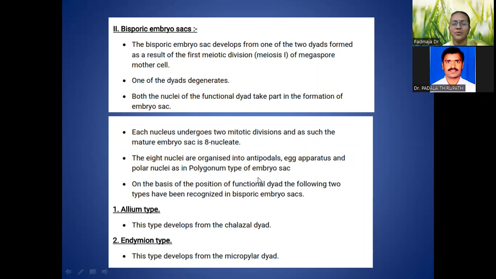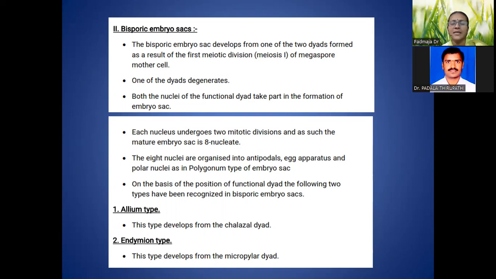On the basis of position of the functional dyad, the following 2 types have been recognized in the bisporic embryo sac. That means which one is functional. On that basis, they are of 2 types. One is Allium type, another is Endymion type. In Allium type, it develops from the chalazal dyad.